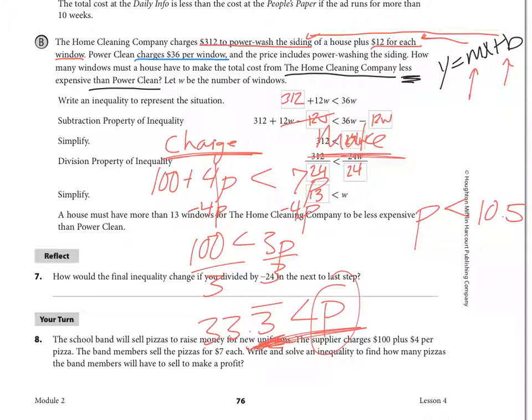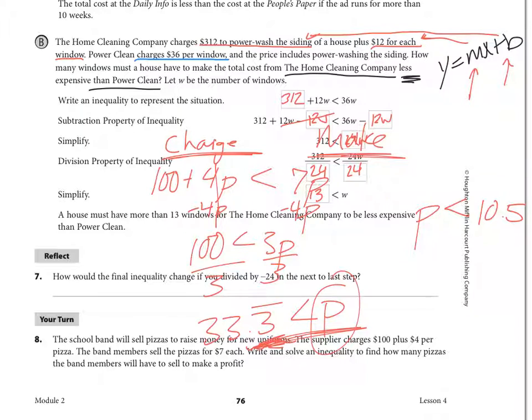In other words, for the Home Clean company to be cheaper or less than the Power Clean, I need to have a house that has windows that have more than 13.